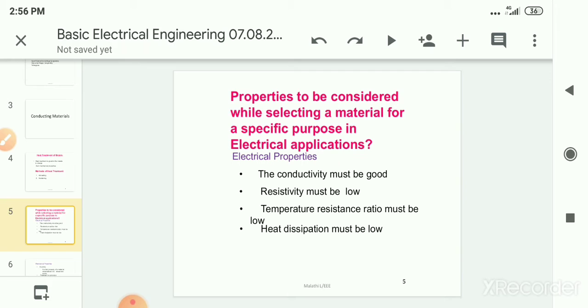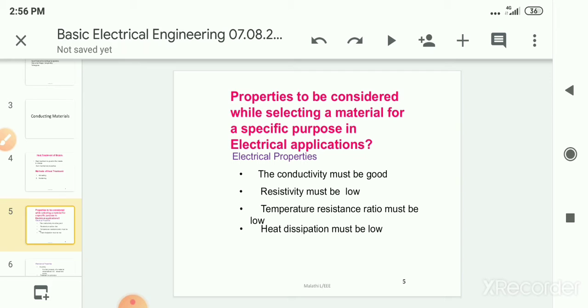And next, the resistivity must be low, so that high conduction takes place and the desired power can be transmitted. Next, there should be minimum power loss even when a large electrical current is passing through it.